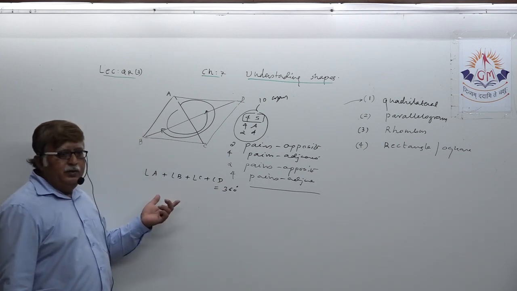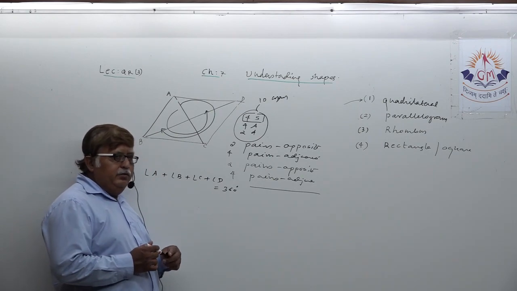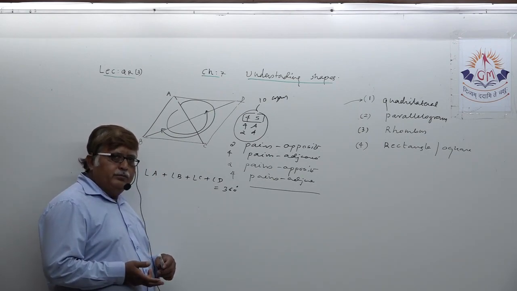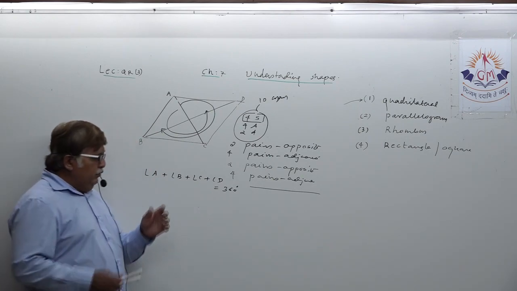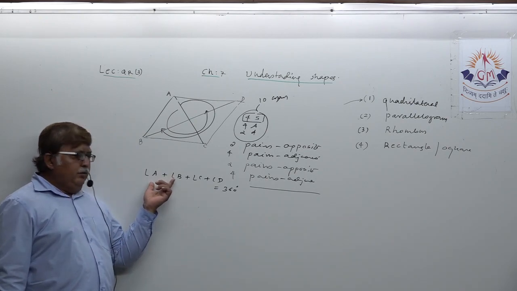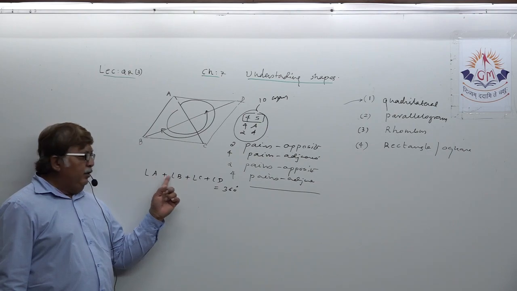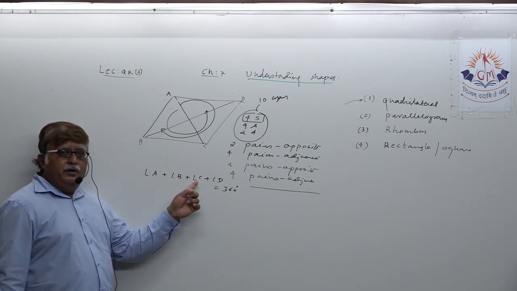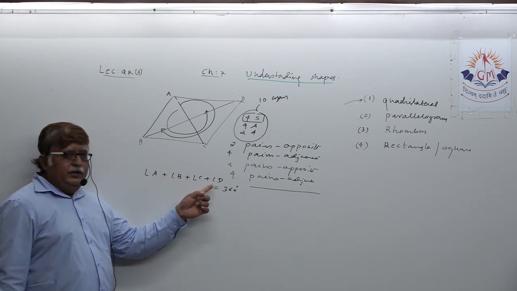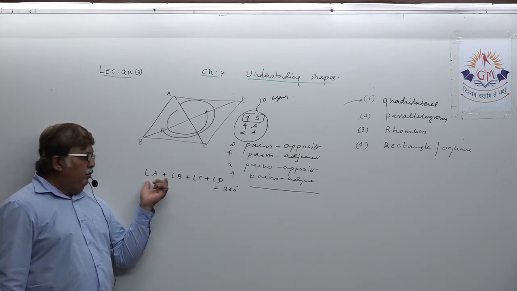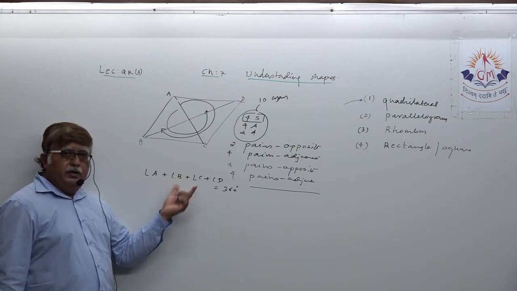Simple example we are not going to take as of now because you all know. Understand? Suppose I mention three angles of a quadrilateral are 50 degrees, 60 degrees and 110 degrees. Find the fourth angle. So you know, first you will write this formula.